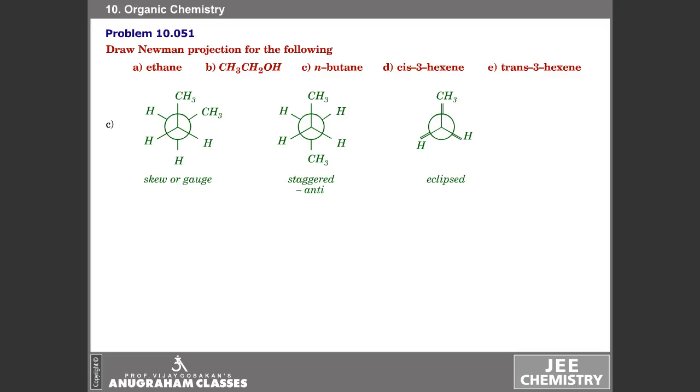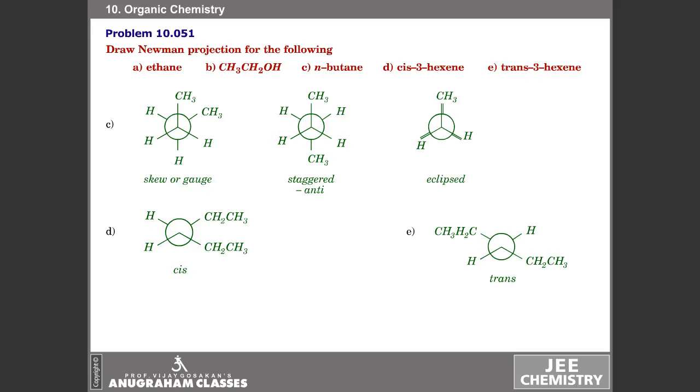We have cis 3-hexene and a trans 3-hexene. We are writing the alkene in such a way. We have a carbon-carbon double bond, two groups projecting in front of the paper and two groups going behind the plane of the paper.